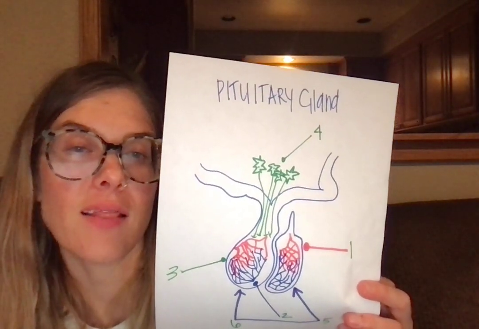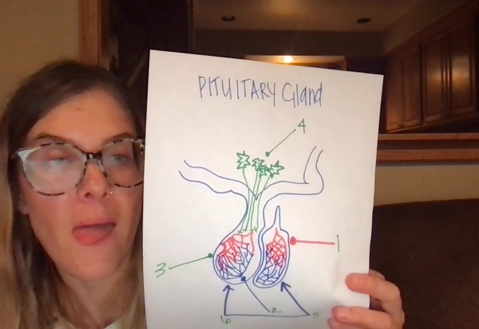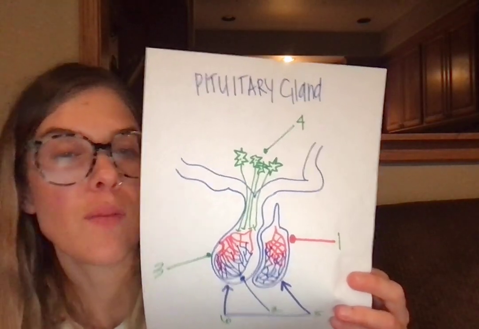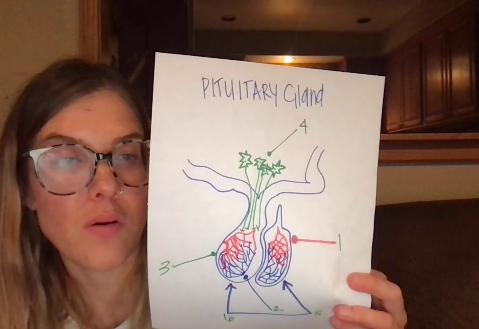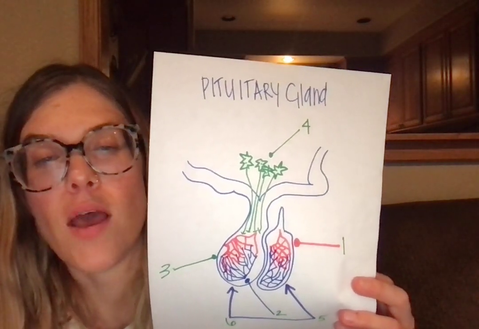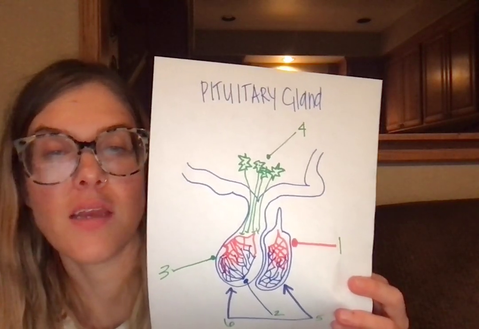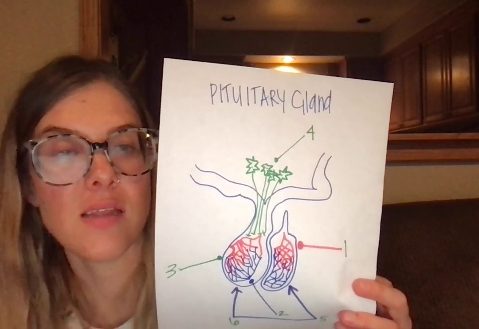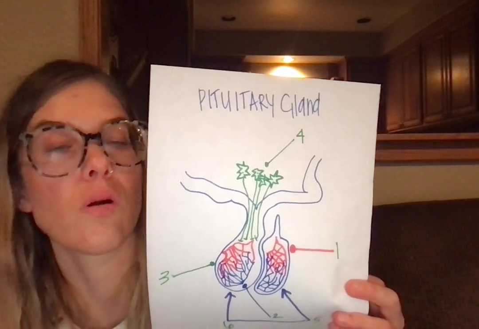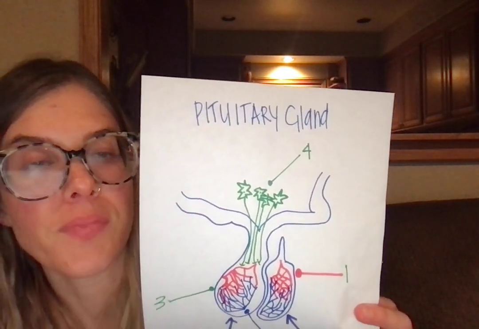This is located at the distal part of the gland. Acidophils are composed of polypeptide hormones. They usually stain red or orange in color. Basophils are composed of glycoprotein hormones, and they usually stain purple or blue in the cytoplasm.